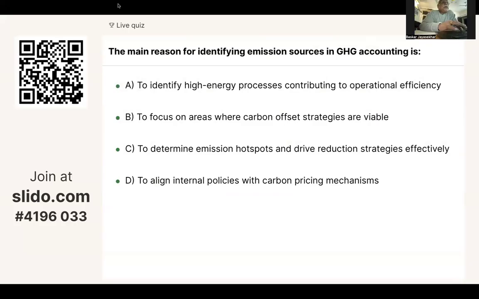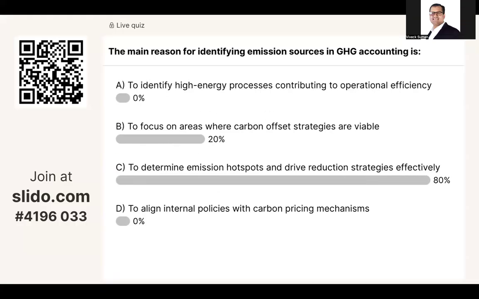The main reason for identifying emission source in GHG accounting is... Okay, the correct answer is C, to determine the emission hotspot and drive reduction strategies effectively.